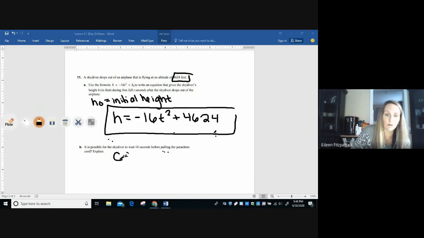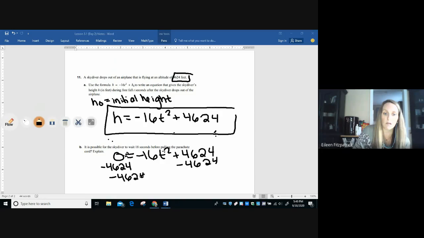All right. So just one quick other approach and then we'll be done. Negative 16t squared plus 4,624. So if I'm solving for t, I'm going to subtract the 4,624 from both sides. So I have a negative 4,624 equals negative 16t squared. Then I'm going to divide both sides by negative 16. And that's going to leave me with t squared is equal to 289.